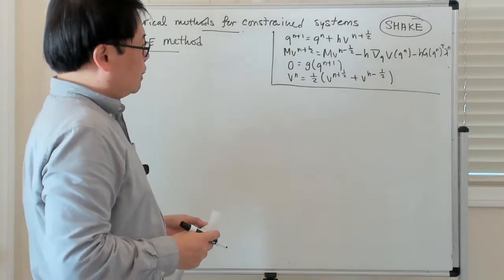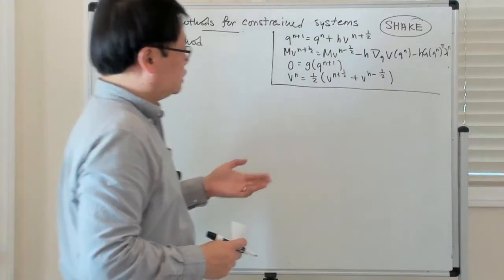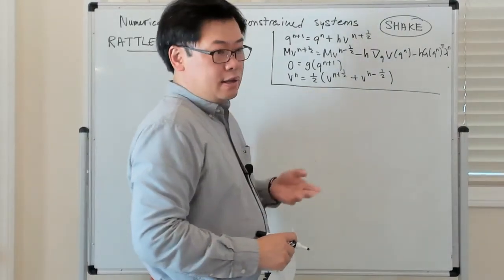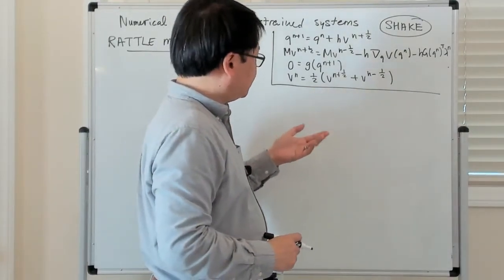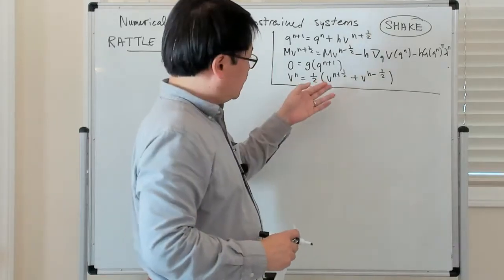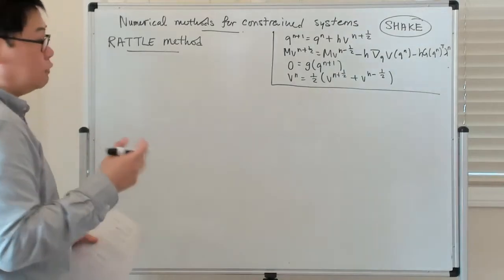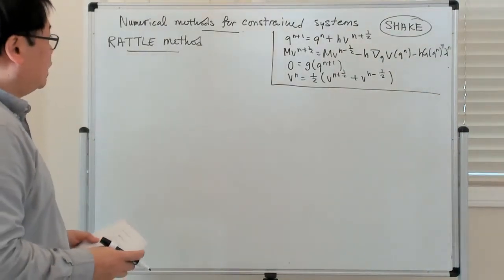As we alluded to, the way you try to fix this is by introducing additional Lagrange multipliers, which can then be tweaked to guarantee that the velocity satisfies the condition for being in the tangent space to the constrained manifold.